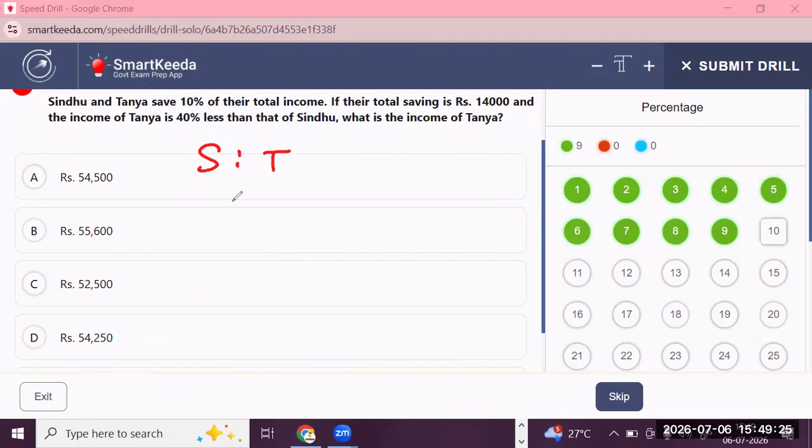Or Tanya income is 2/5 less than 3/5. What is the income of Tanya?